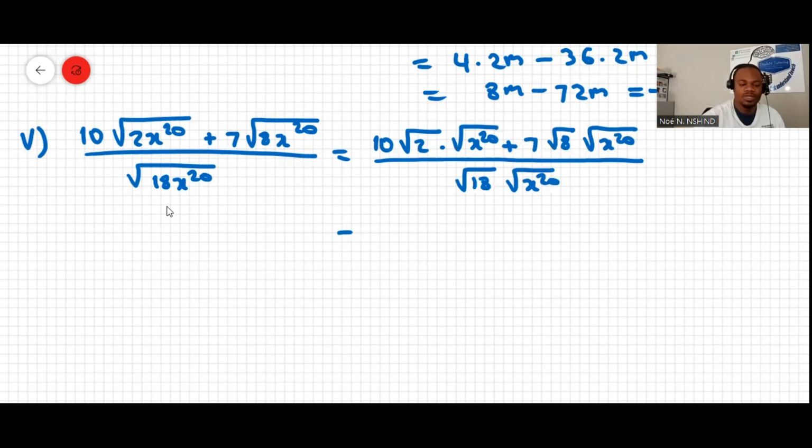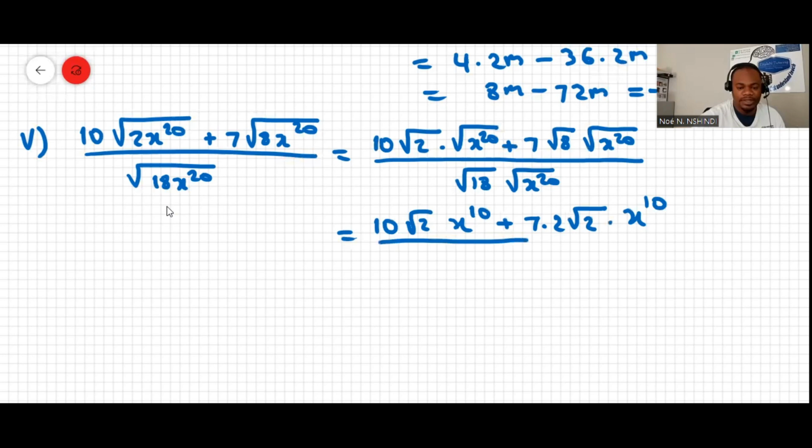So this makes 10 root 2 x to the 10, plus 7 times square root of 8, which is 2 root 2, multiplied by x to the 10, all over square root of 18, which is 3 root 2 x to the 10.